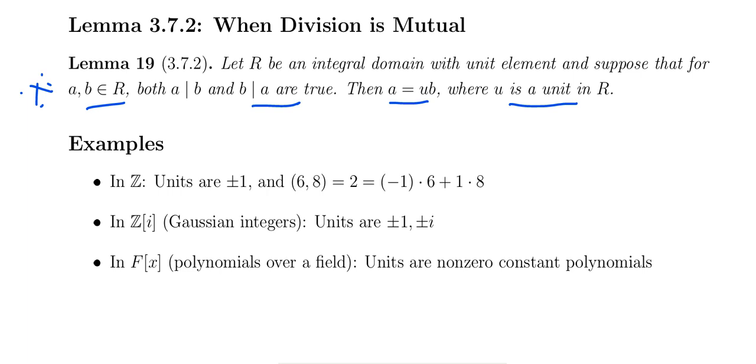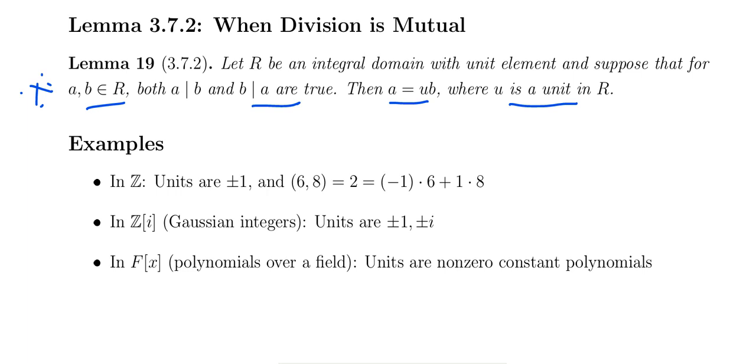In Z the units are plus or minus 1. And for 6, 8, the greatest common divisor is 2, and we can express the GCD as minus 1 into 6 plus 1 into 8.